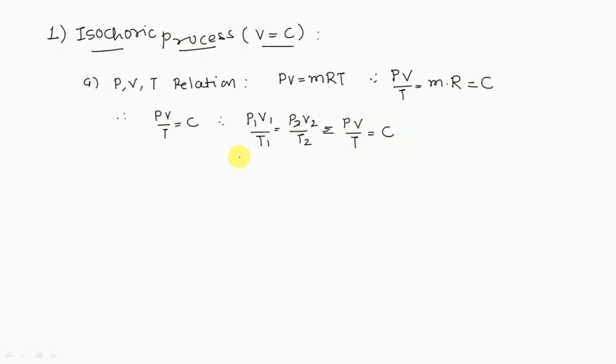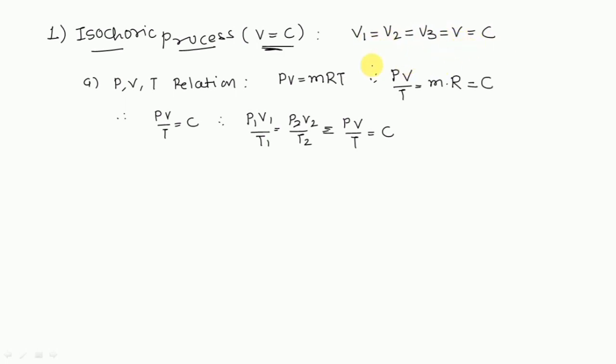We can write the relation in that way, but here we know that in the isochoric process the volume is constant. So at any point V1, V2, V3, the value is the same; it does not change.